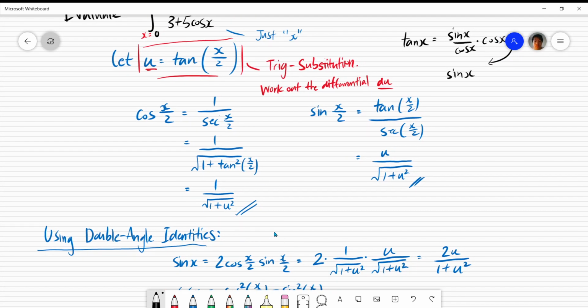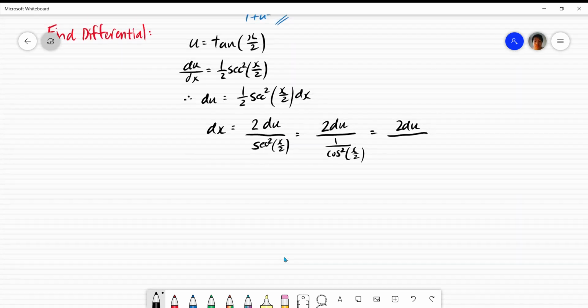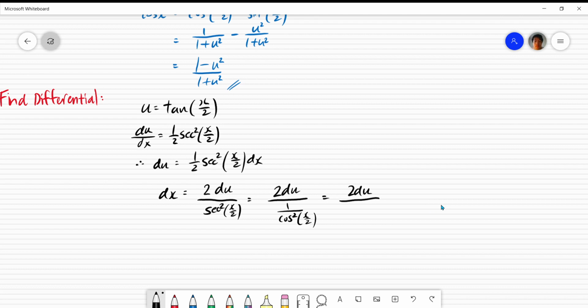That's 1 over the square root of 1 plus u squared, all squared. So therefore, the differential for x turns out to be 2 du over 1 plus u squared.